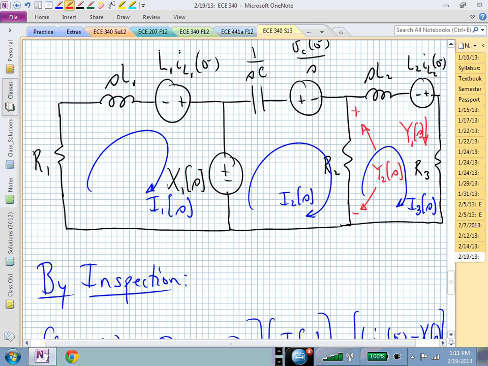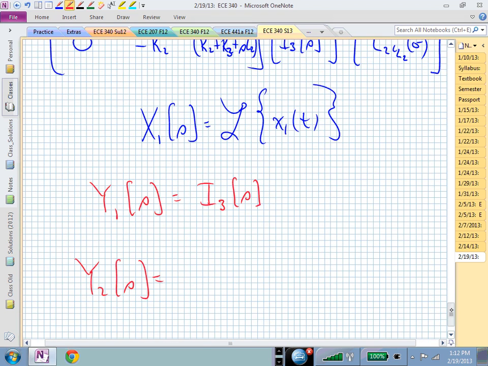And the way we've defined our currents, we want down to be positive, and the one that's going down is I sub 2, the one that's going up is I sub 3. Y sub 2 is now the resistor R sub 2 times I sub 2 of S minus I sub 3 of S.